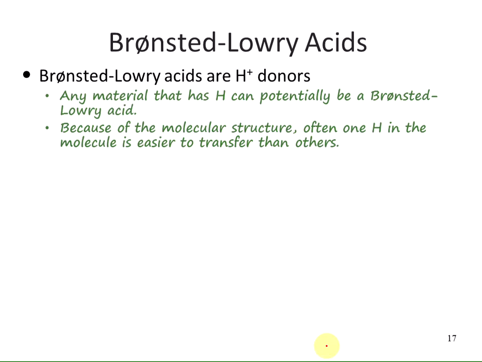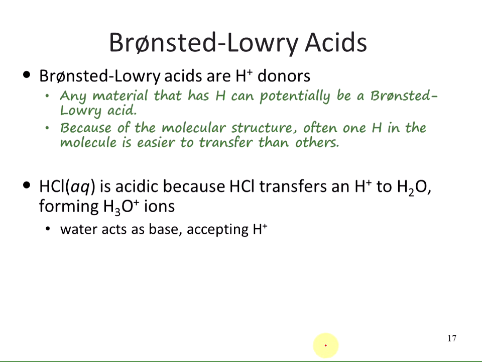The Brønsted-Lowry acids are proton donors. Any material that has a hydrogen can potentially be a Brønsted-Lowry acid. Because of the molecular structure, often one hydrogen in the molecule is easier to transfer than others. So you'll be discussing this a lot more when you get into organic chemistry.